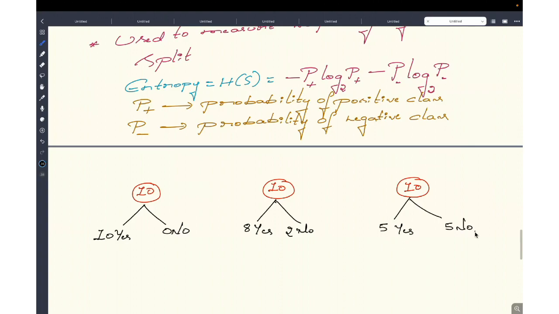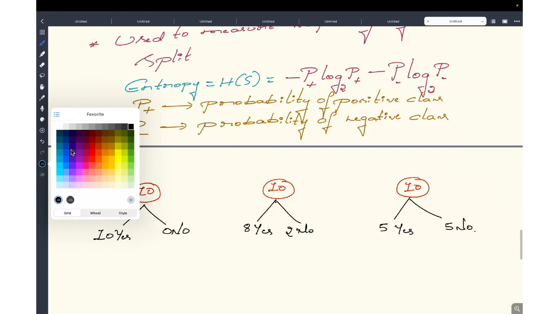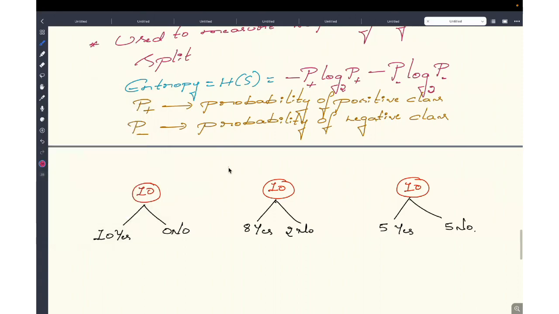Which is a pure split in this case? Can you guess the pure split? Decision making will be easy. So I think the third option, five yes, five no.